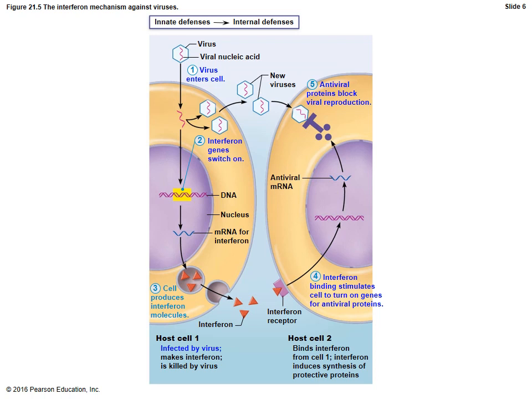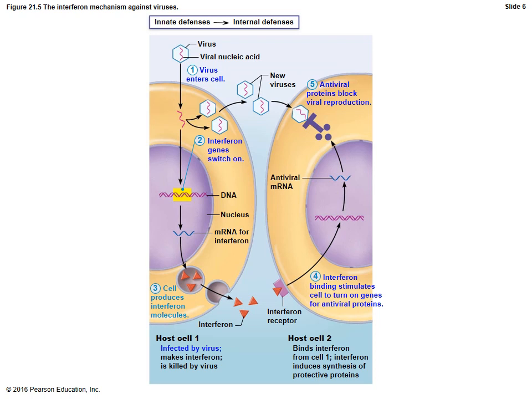And notice how in step 2, it says the interferon genes are switched on. And then right below it, number 3, the cell will produce interferon molecules. And these interferon molecules, indicated by the little red triangles, will travel over to the cells that are nearby. In our case, it's labeled as host cell number 2.